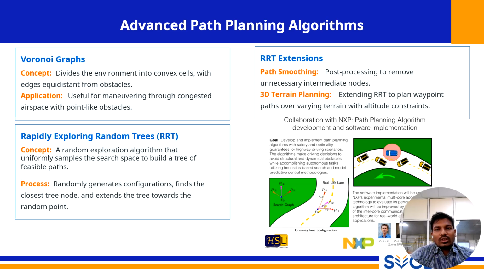Another important extension, especially relevant for MAV operation in the outdoor environment, is 3D terrain planning. Instead of planning in a flat 2D space, this technique allows us to extend RRT into 3D, taking into account altitude variation and terrain constraints.